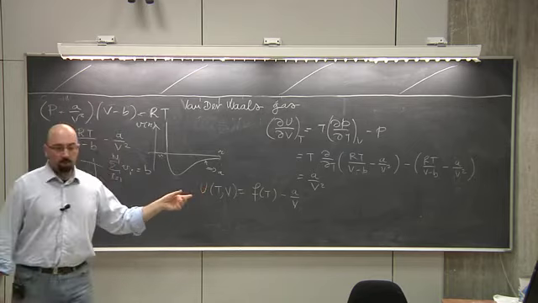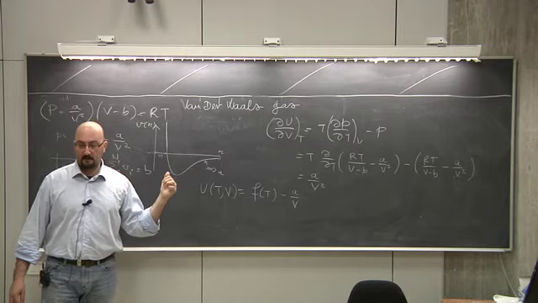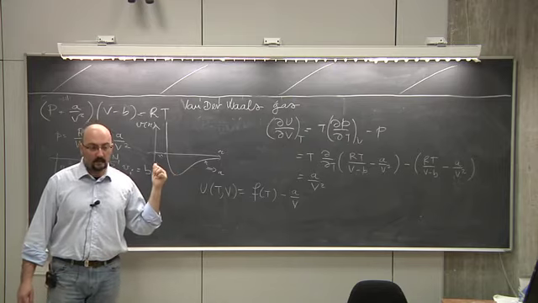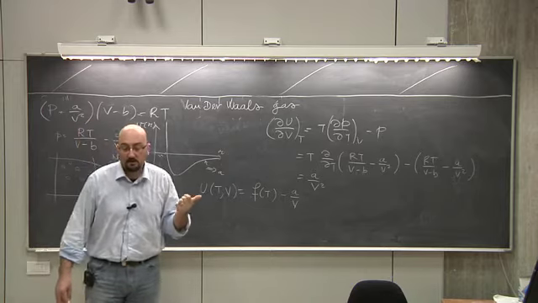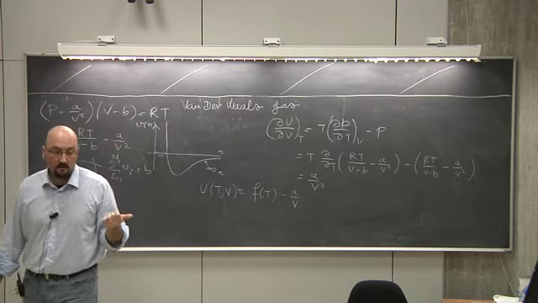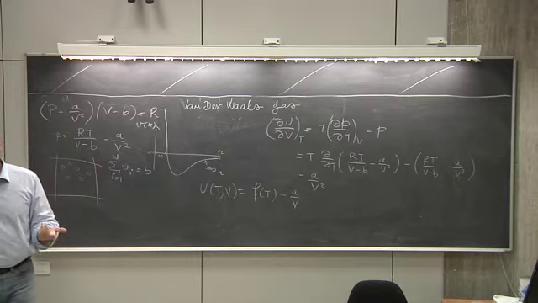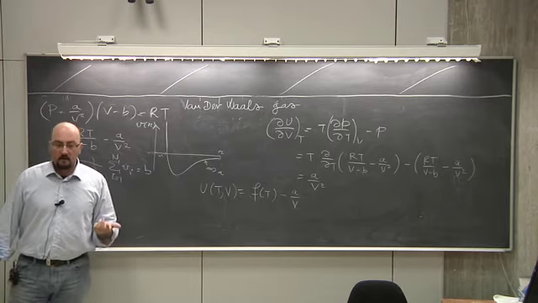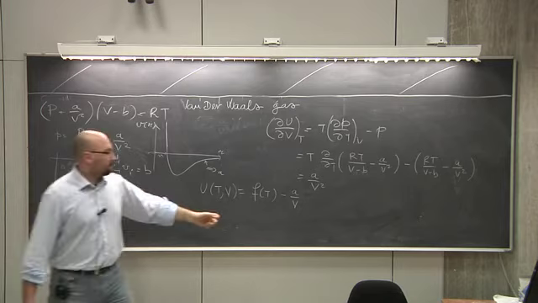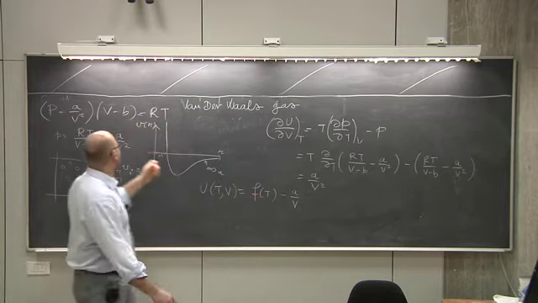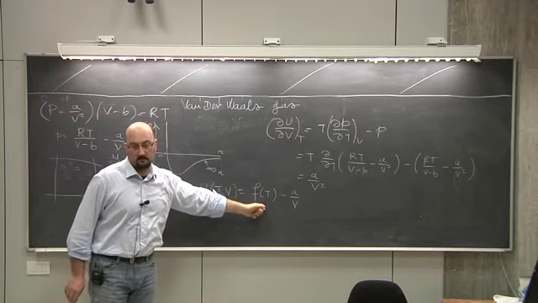This was the same situation as for the perfect gas, right? The ideal gas. In the ideal gas, the only thing we could say is that the internal energy did not depend on the volume. It only depended on the temperature. But we could not say how it depended on the temperature. This is because, in some sense, this is a kinematic property, and this is a dynamic property of the gas.